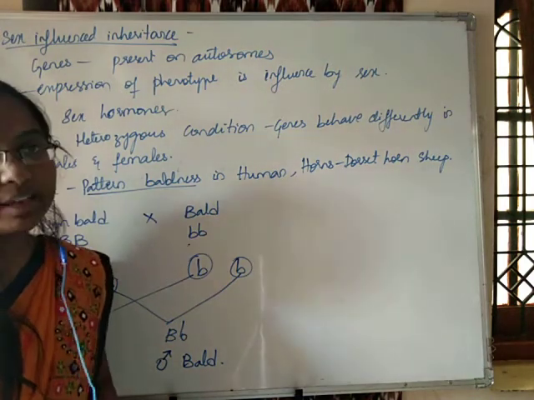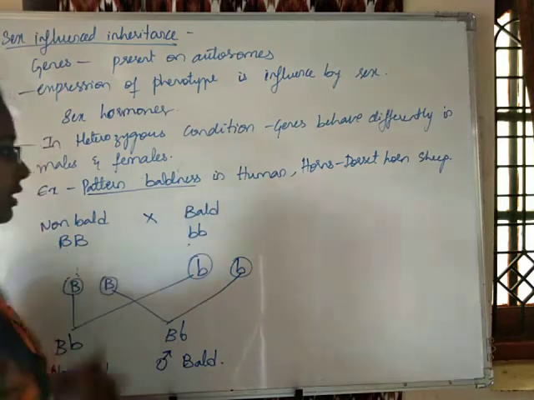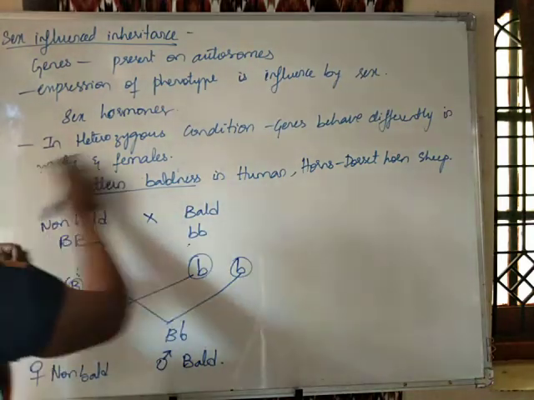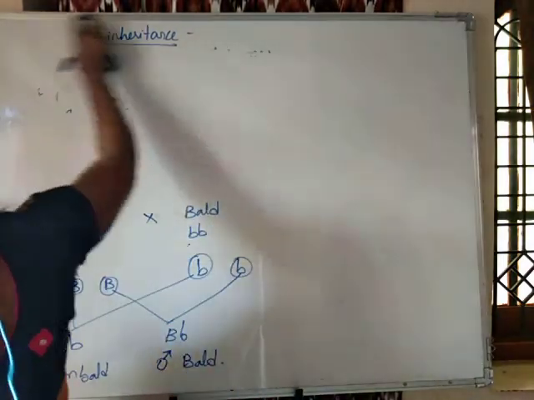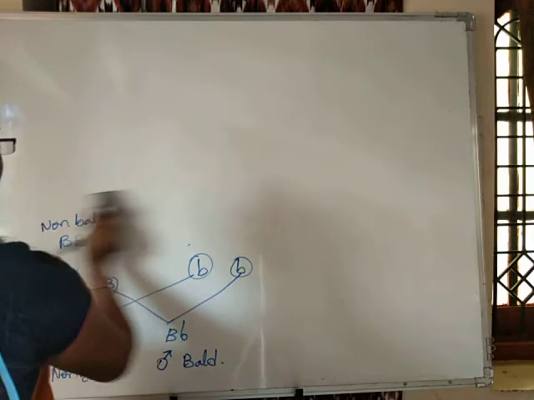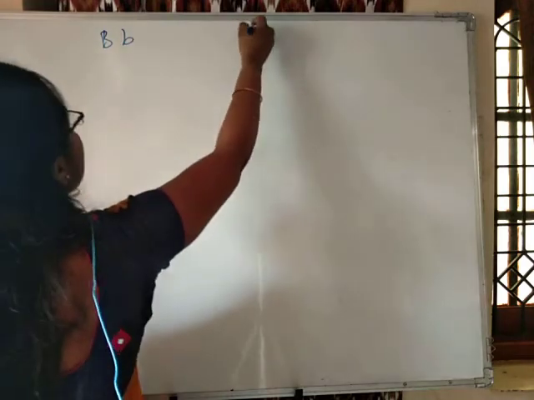Now let us take the example of a cross where capital B, small b is crossed with capital B, small b.